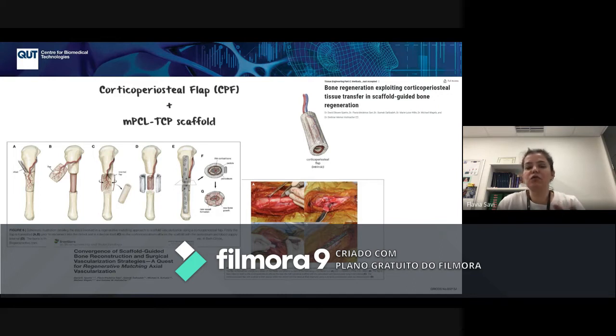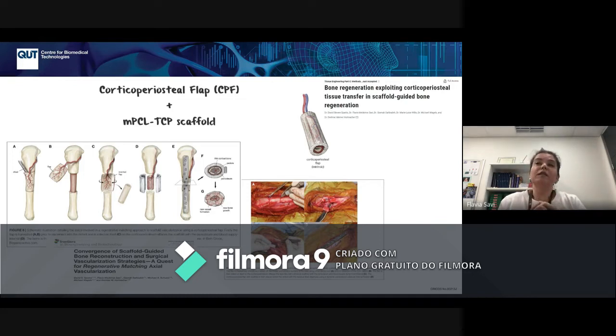But I will show later another membrane; there are two different scaffolds. They are used a lot. The first study is based on the technique used in clinical settings.